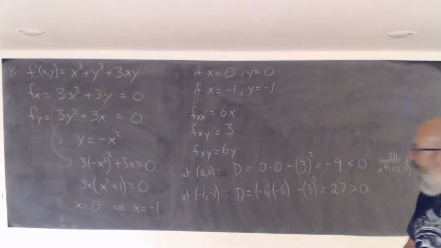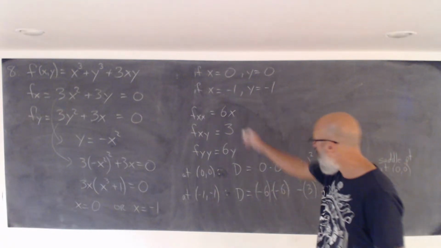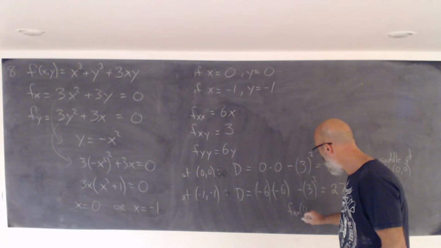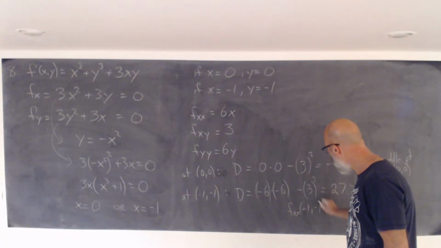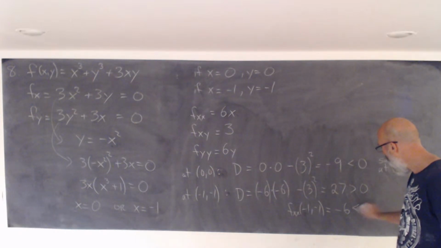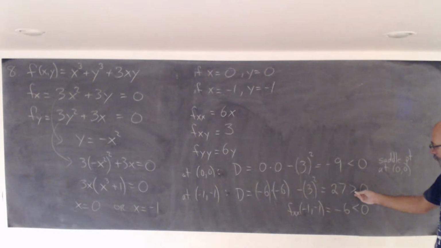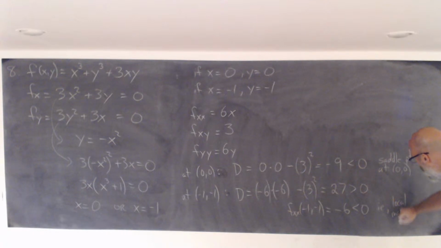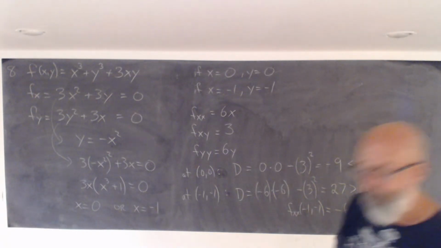So now we have to look at fxx at minus 1, which is minus 6. And that is less than 0. So D is positive and the second derivative with respect to x is negative, i.e. local max at minus 1, minus 1.